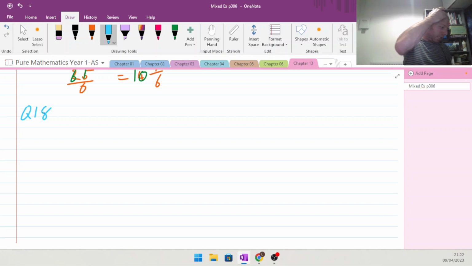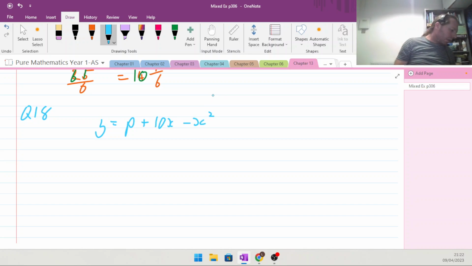Question 18 then. Diagram shows part of the curve with the equation y equals p plus 10x minus x squared.